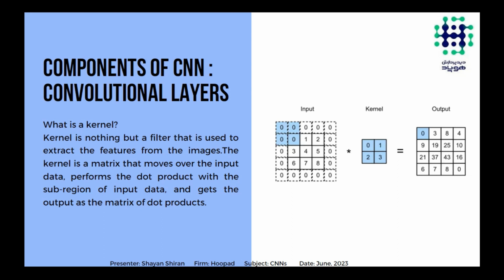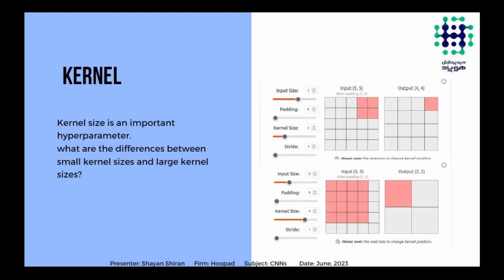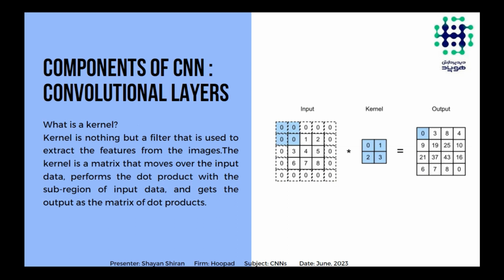For example, you see the input here has a padding. I will get to padding later. These zeros that you are seeing here are paddings. I will talk about paddings in a short while.